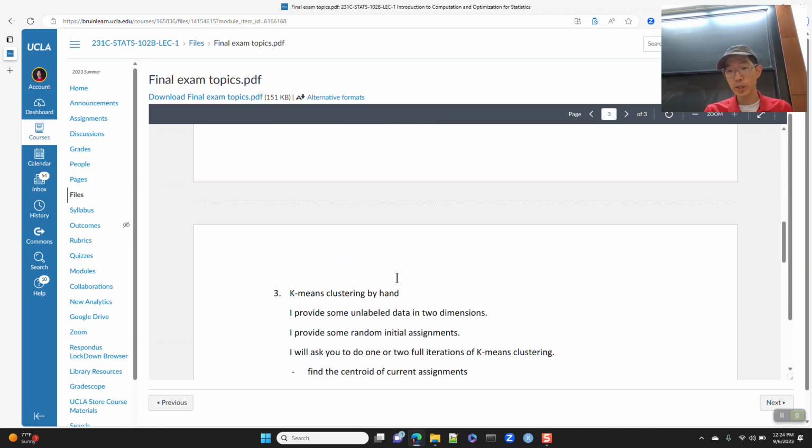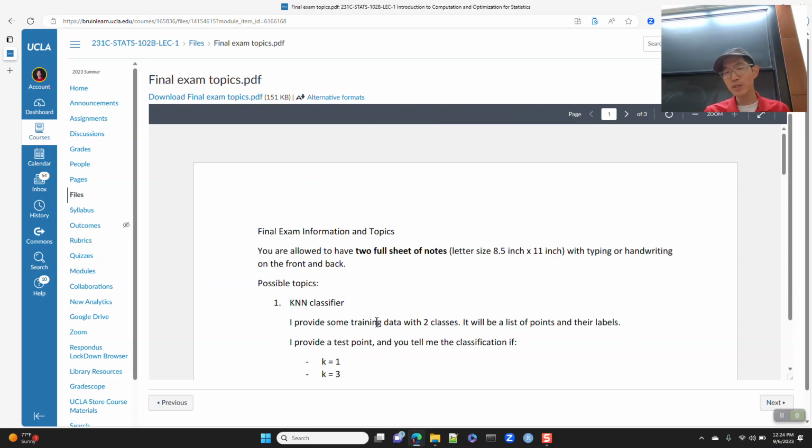Okay, and then, just like everything else, don't look up past final exams. You can put pretty much anything on your note sheet. You can't look up past final exams, and you can't take problems from past final exams and put that on your note sheet.